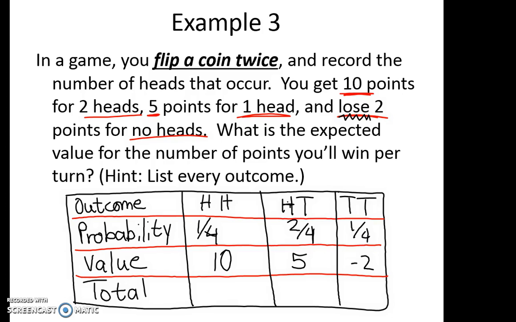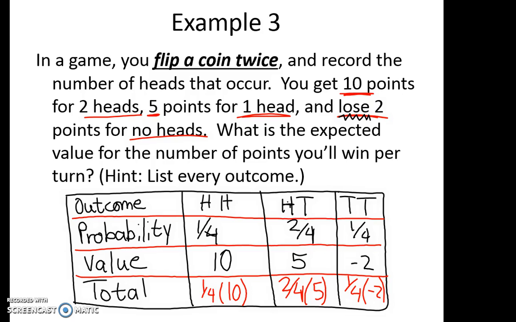All right, so again, the thing we have to do is just multiply these 2 together. So all we're going to do again is multiply these red numbers together and then add them up.